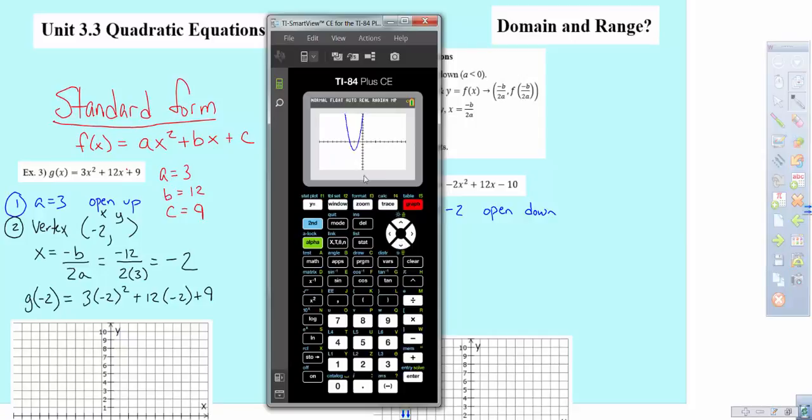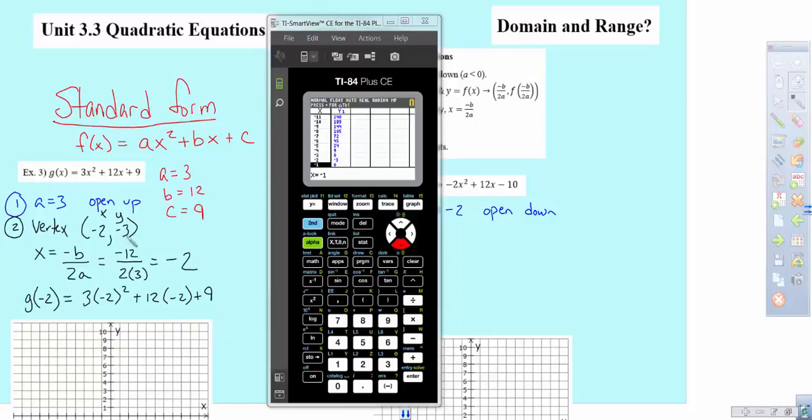Okay, so it definitely opens up. Good job. My vertex is definitely at negative 2, negative something right there. I can go to my table and see what that actually is. I can go to negative 2, and I can see that at negative 2, it comes out at negative 3.